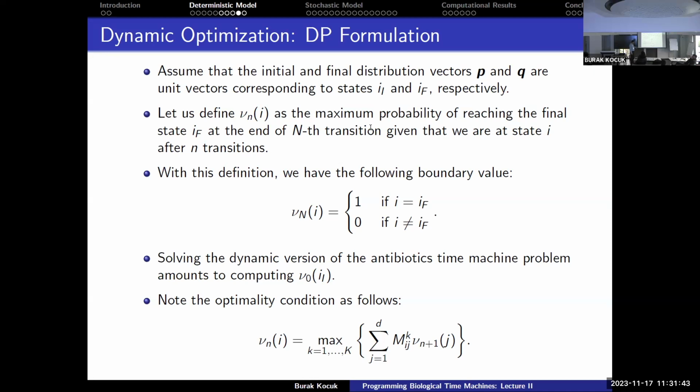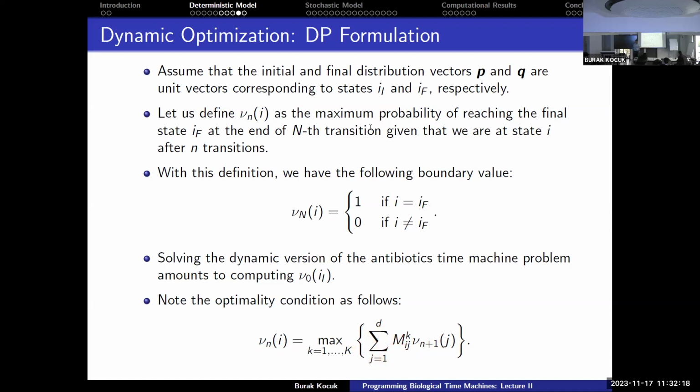Okay, but what does that mean? Maybe I can explain what's happening here. Suppose that you have taken little n steps and you are at state I. Where can you go from there? If I take a matrix and apply it, it will send me from I to j. And then the whole process will start over, now with one more step taken, and I'm at j. Since the transition is probabilistic, I sum over j. I'm here now.